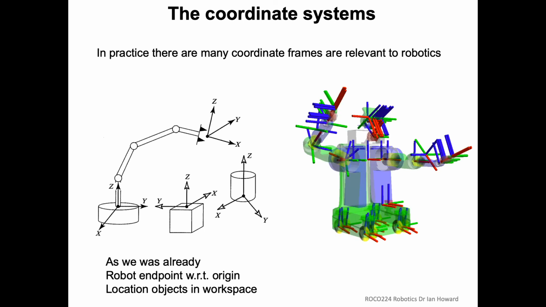And it could be that it's not just a single arm. It might be that we have a robot with lots of dimensionality, and it could be a humanoid robot, and you want to know where the fingers are with respect to the hands, which are with respect to the shoulders, with respect to the eyes. And if it's going to walk around, you might have to know how that relates also to the framework of the visual system. So there's lots of coordinate systems, and we need to be able to map between them.